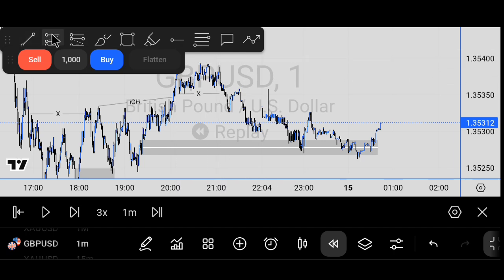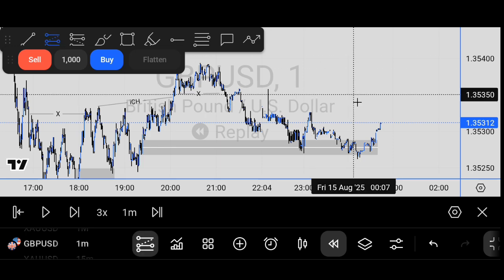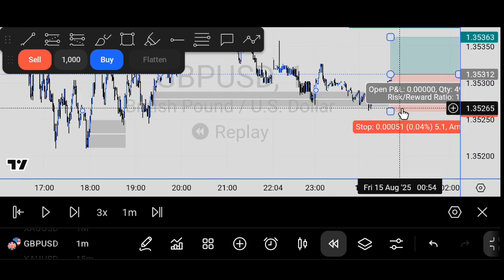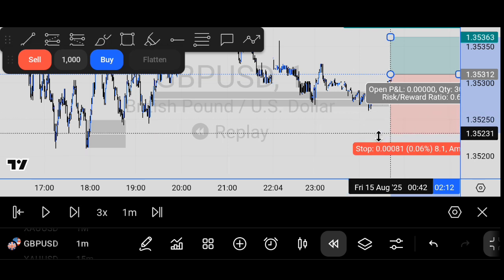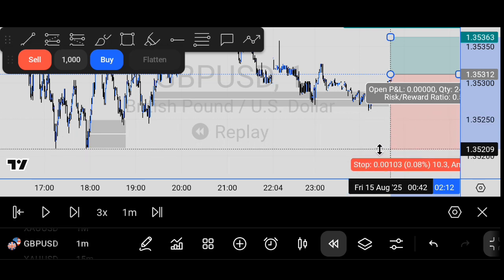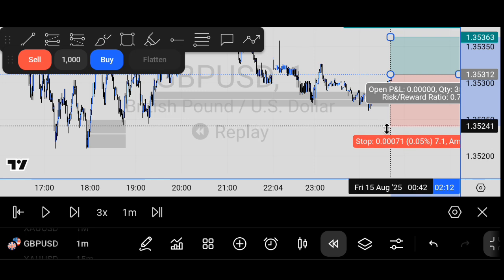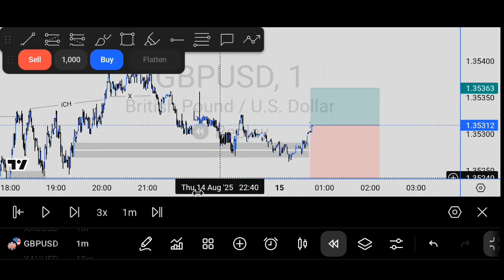You understand? I just bought instantly right here around this zone, and my stop loss was somewhere around here. But initially my stop loss was somewhere around here, so I later moved it down a bit.